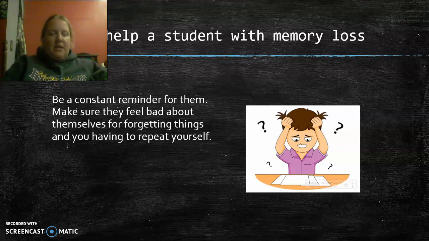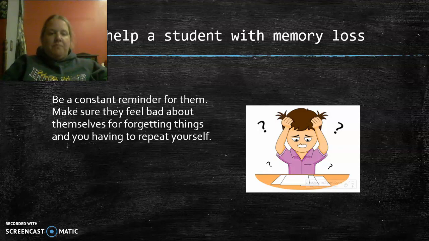With kids that have memory loss, I know firsthand from having a student in the classroom I'm in right now, it can be hard as the teacher having to repeat yourself over and over and over again.